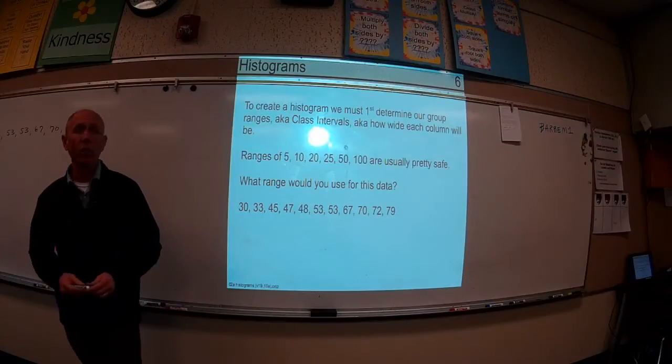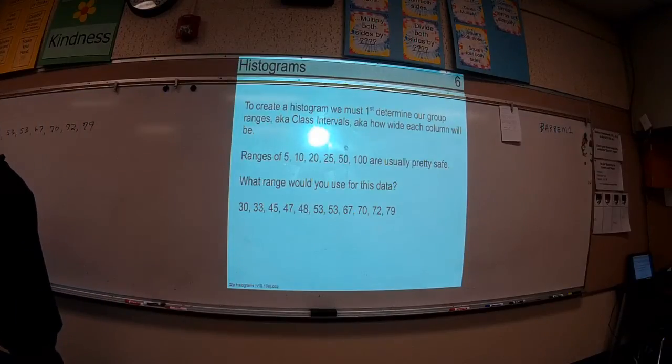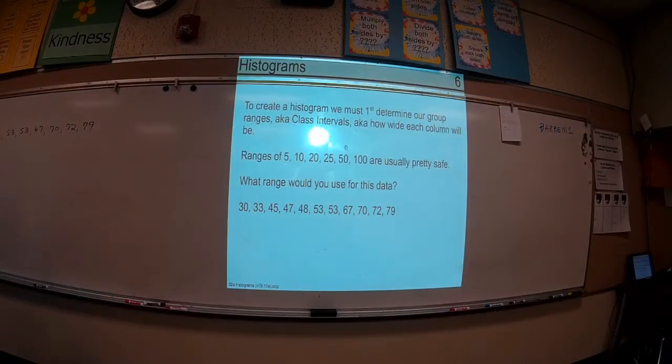For this one, we're going to use 10. So on your paper, from 0, it's actually not going to go to 10. It's going 0 to 9.99. How many numbers fall in that range? None. How about 10 to 19.9?